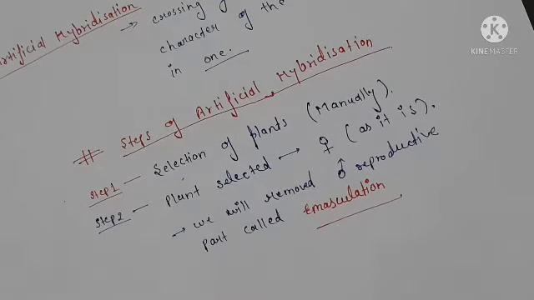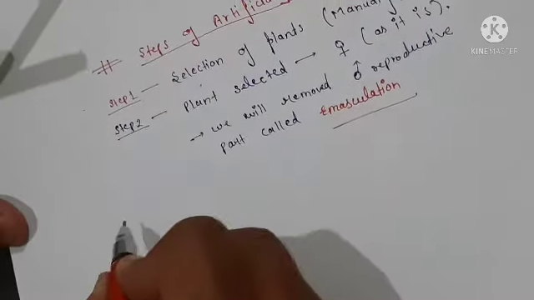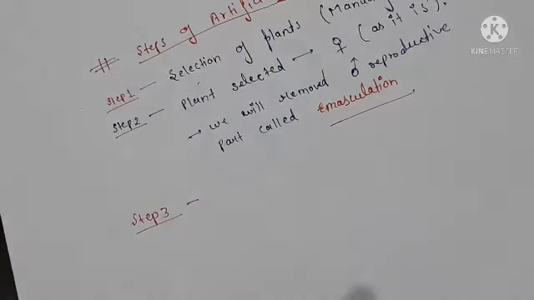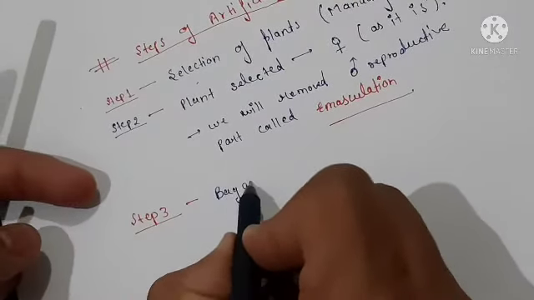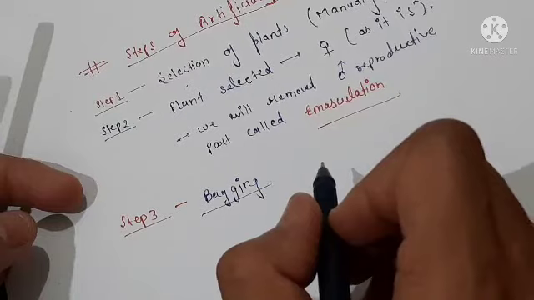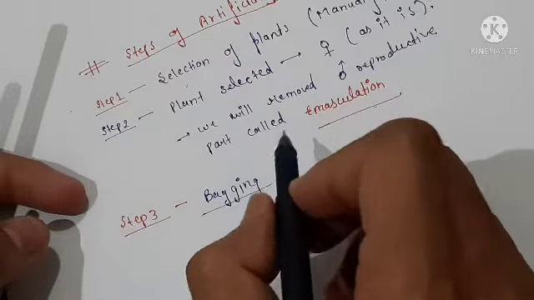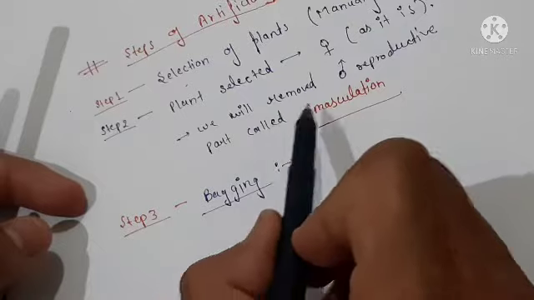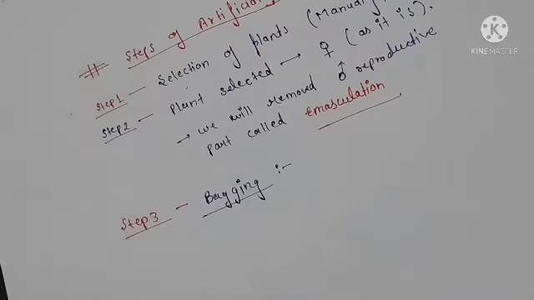Now, step third is bagging. In step second, we remove the male reproductive part, that means anther, and this process is called emasculation.